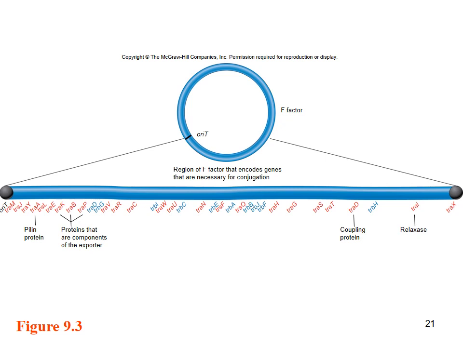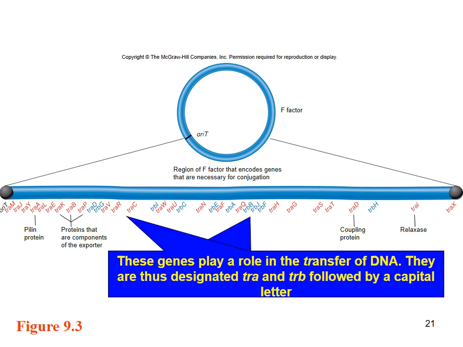If you take a look at the genes being expressed, you're going to notice that a lot of them start with T, either TRA or TRB, and the TR stands for transfer. So they contribute to the phenotypic ability of the bacterium to donate the plasmid from donor to recipient.